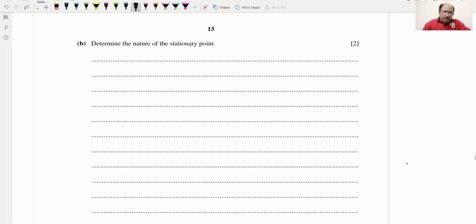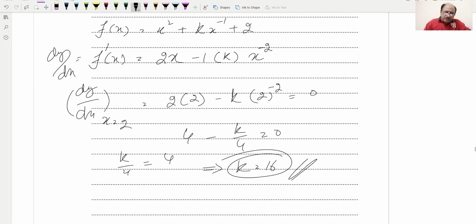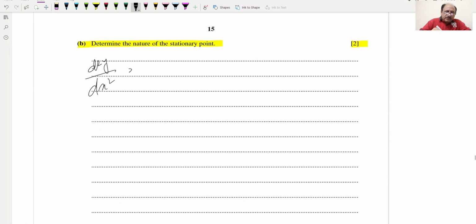Now the B part: determine the nature of the stationary point. We are doing the second order derivative test, so f double dash of x or d2y over dx square, the second order derivative of the first derivative, which is this one. So we take the second order derivative of this, which is 2 minus 16 into minus 2 over x cubed.